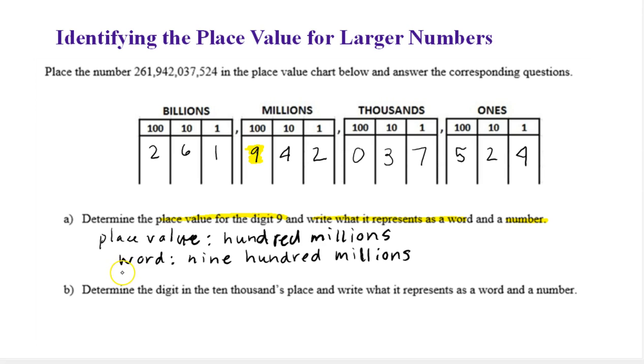And finally, as a number, the digit may be 9, but this one digit is representing 900 million. So we're just going to look at this and fill the rest with zeros, and that will give us what this represents. So 900 million.